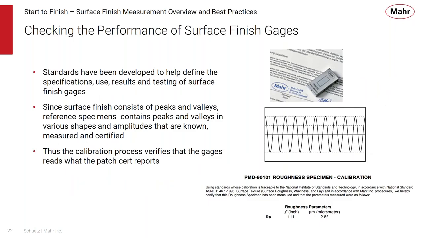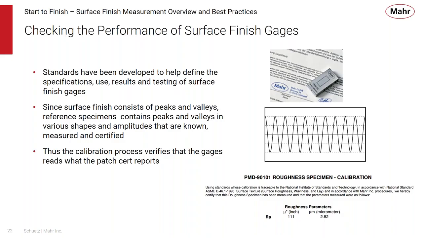And you can check the performance of surface finish gauges, and there are tools out there to do that. So these standards have been developed to help define the specification, the use, the results, and testing of the surface finish gauges.